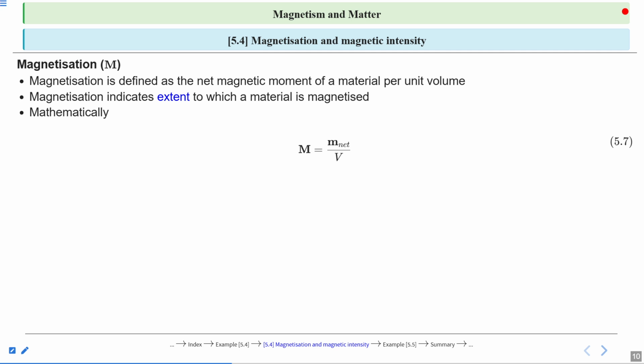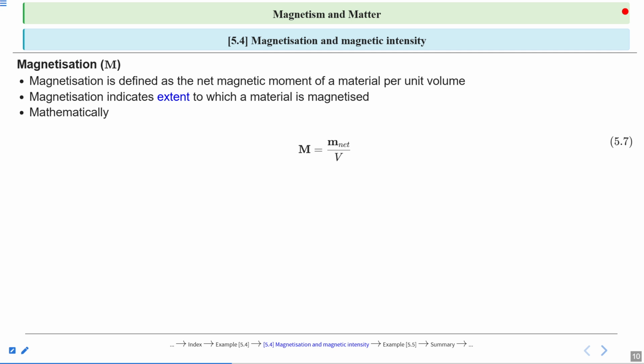We have discussed dielectric polarization in electrostatics. How many dipole moments are aligned? Let's take a simple example. There are 100 dipole moments in a material.